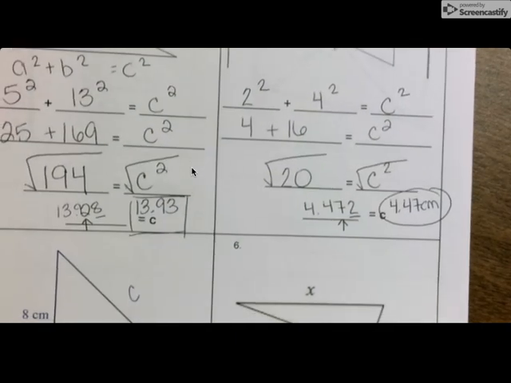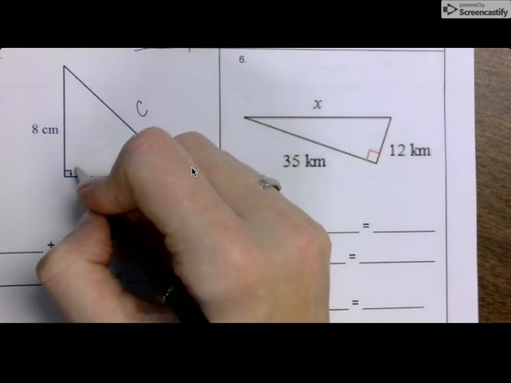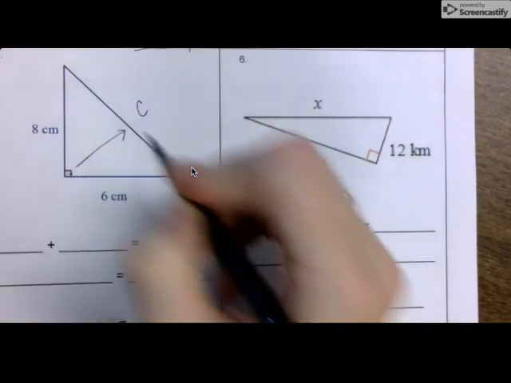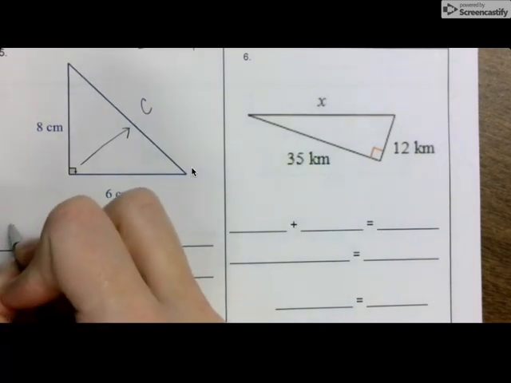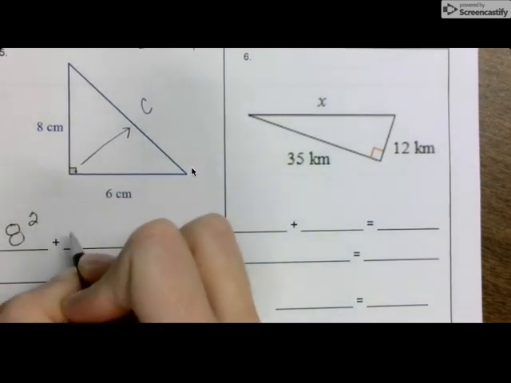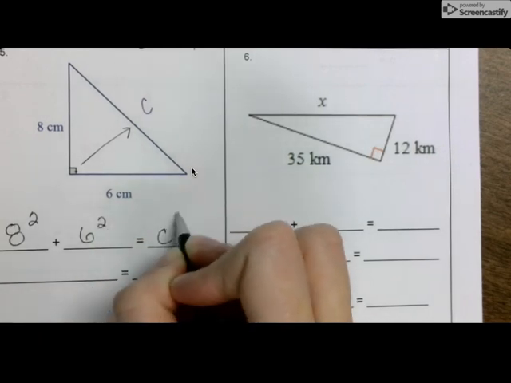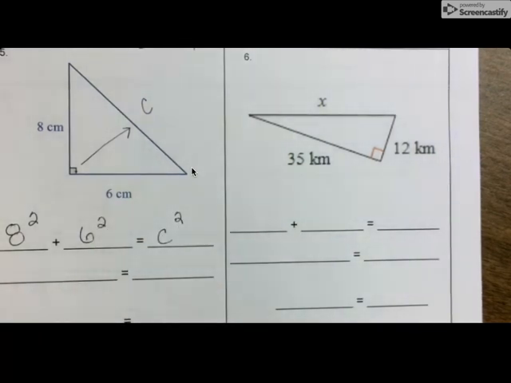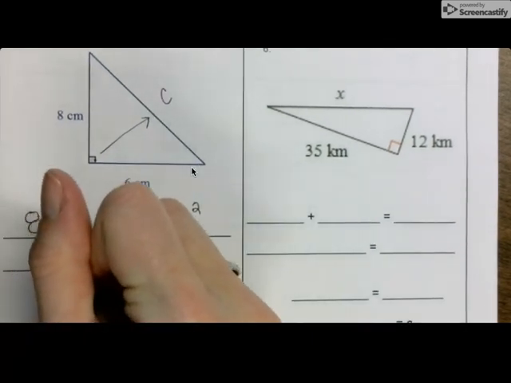Okay, last two we're going to do together. Good, this one has a right angle on it. And it is over there. So I have 8 squared plus 6 squared equals C squared. What is 8 squared? 64.